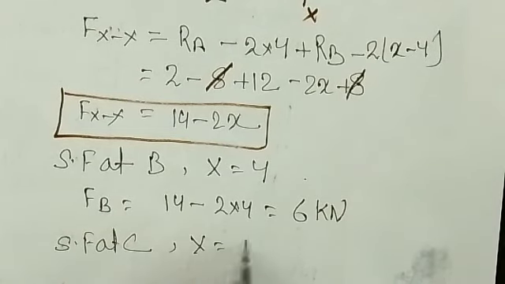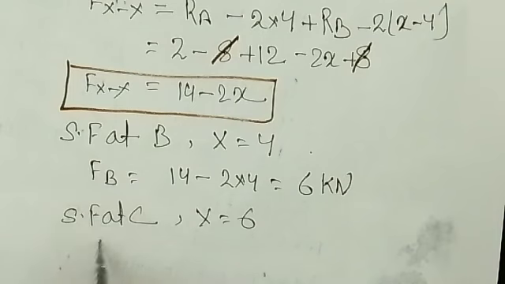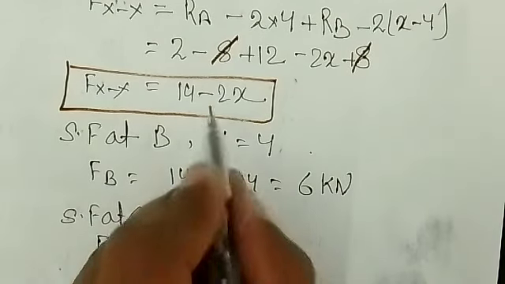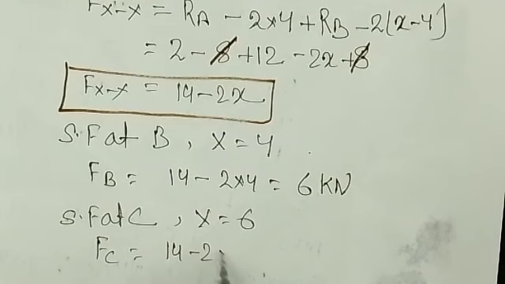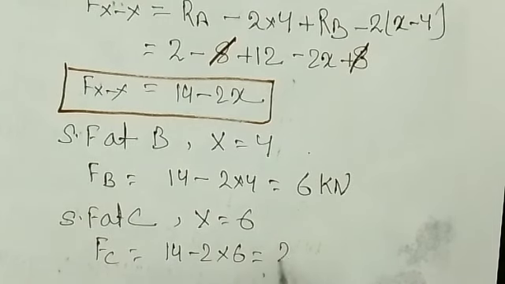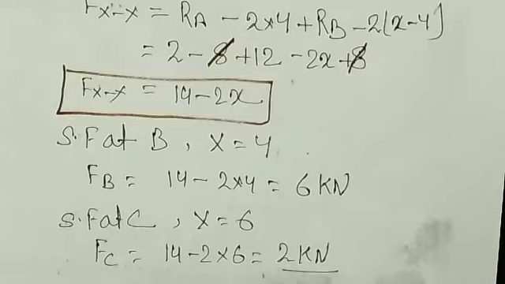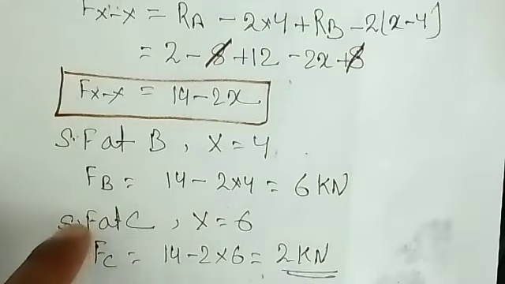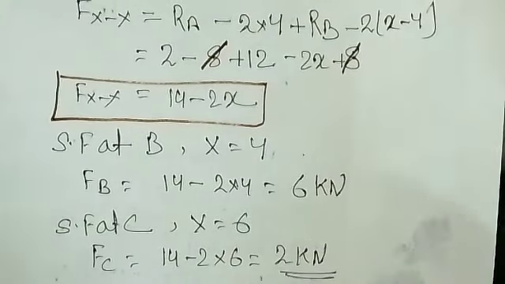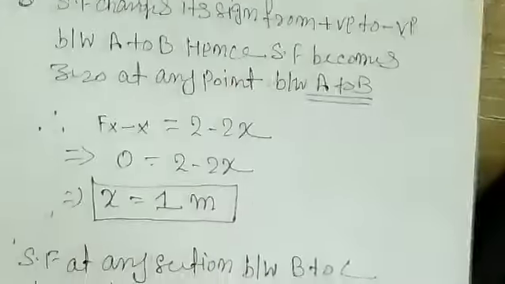So at C, X is equal to 6. So FC is equal to 14 minus 2 into 6, that is plus 2 kilonewton. And at C the 2 kilonewton point load is acting, so our calculation is correct, right? Now we need to find the bending moment diagram.